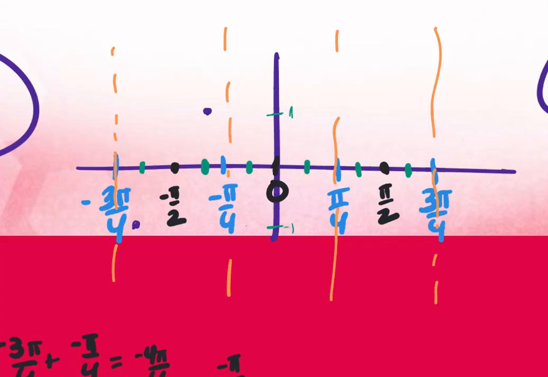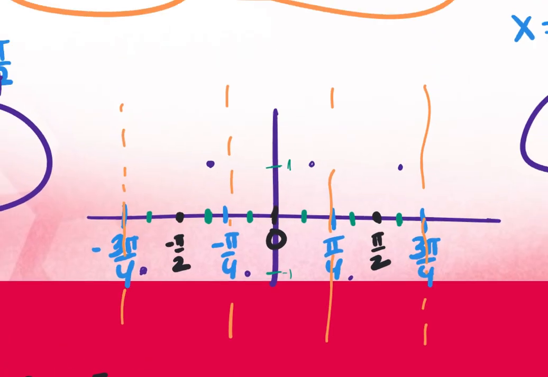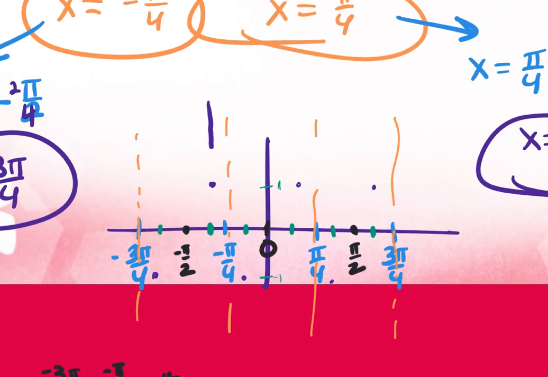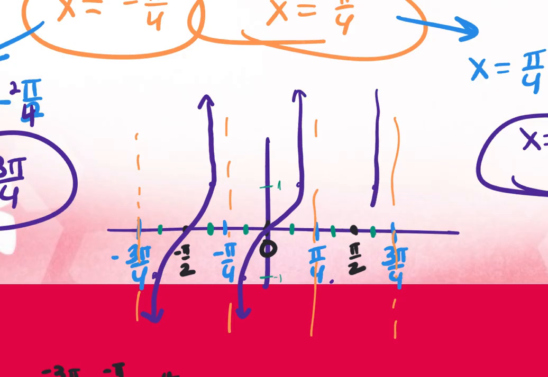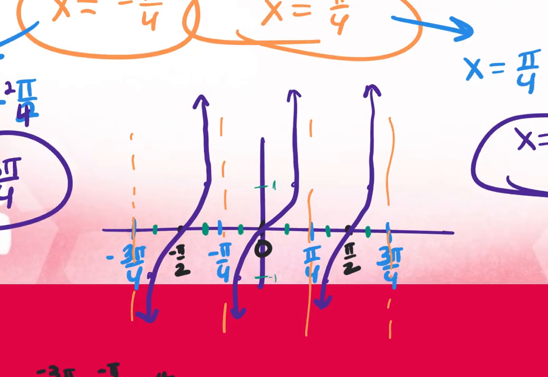And then I just repeat that behavior. Negative 1, positive 1, negative 1, positive 1. And then I connect the dots to make my tangent curve. So for tangent and cotangent, we're going to have 4 asymptotes and 3 curves.